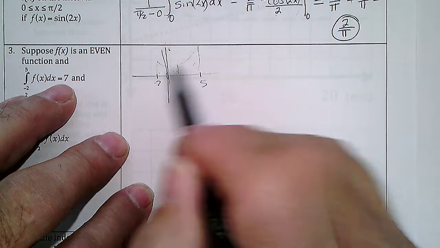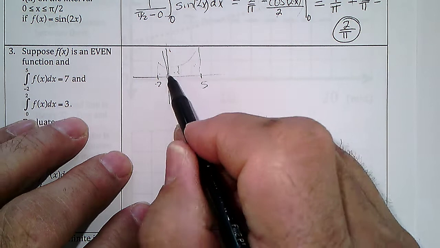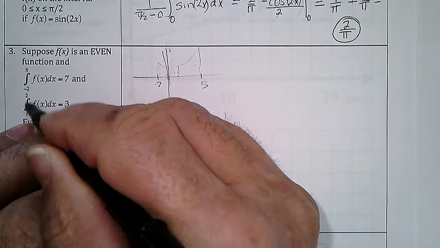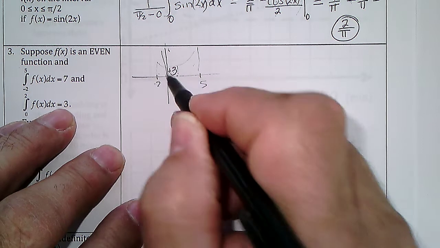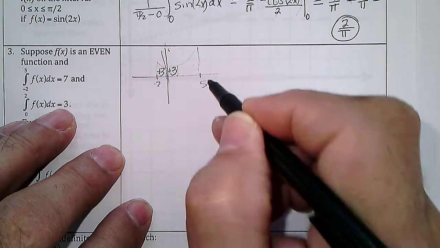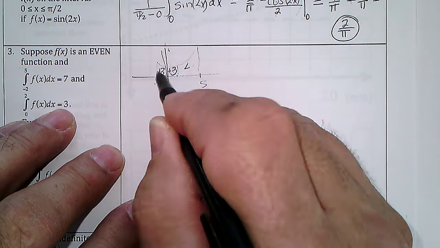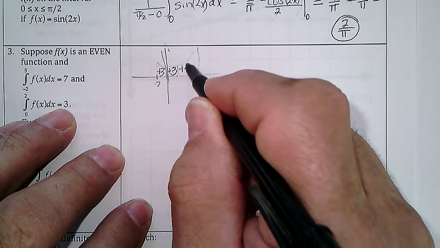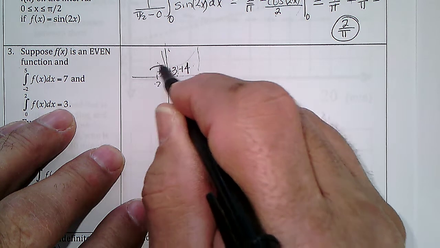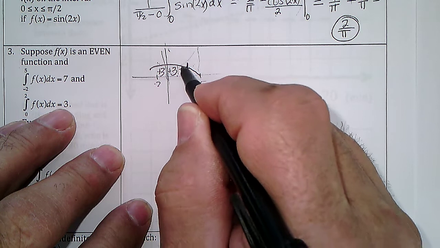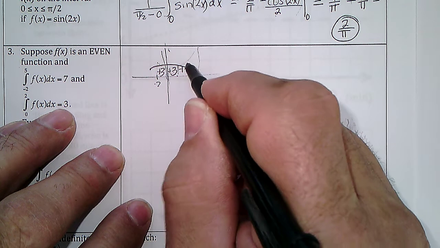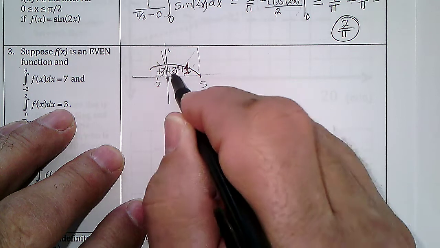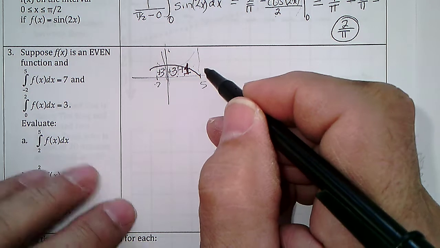So the total of this is 7, but from 0 to 2 is 3. So that means there had to be 3 here if it's even, which means there has to be plus 1 out here. So this thing must do something like this, where it gets big in here and smaller out here. So it's 1 over here, 3 and 3, that's a total of 7.